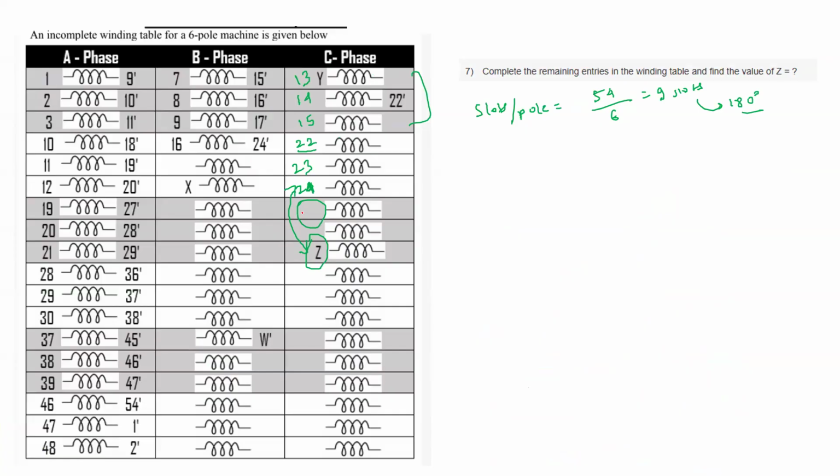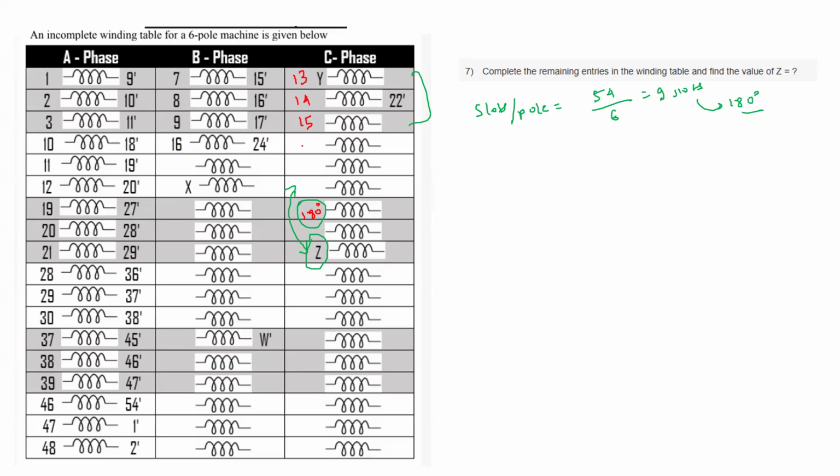I think this color is better because I'm sharing, otherwise it will not be that clear. So we know this is 13, from 7 plus 6. 13, 14, 15 are consecutive numbers. Then after that, this is 16.